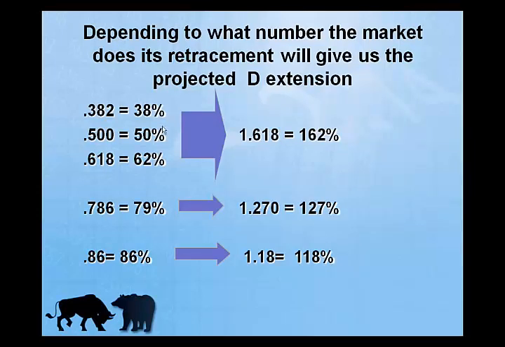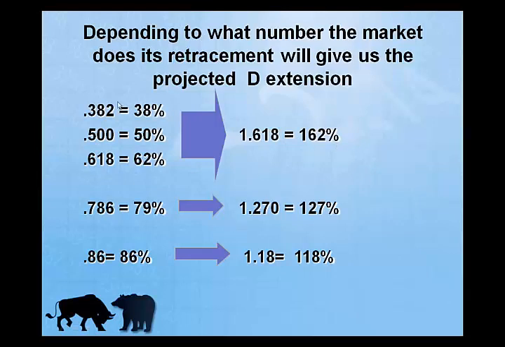And you want to write this down. You've got to memorize these rules. If the market bounces at 38.2%, 50%, or 61.8%, the extension is going to be at 161.8%. It means if it hits any of these support levels, we're going to take our profit near this 161.8%, or 162%.